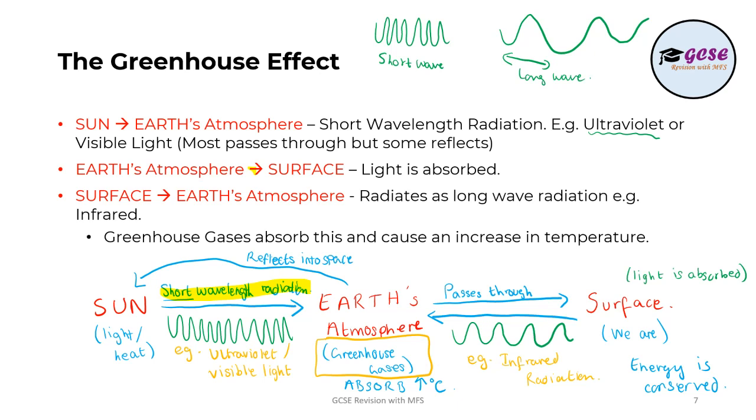If there are more greenhouse gases in the atmosphere, that means more energy is being conserved, and that means more heat is being retained by the Earth. So that's caused an increase in temperature.